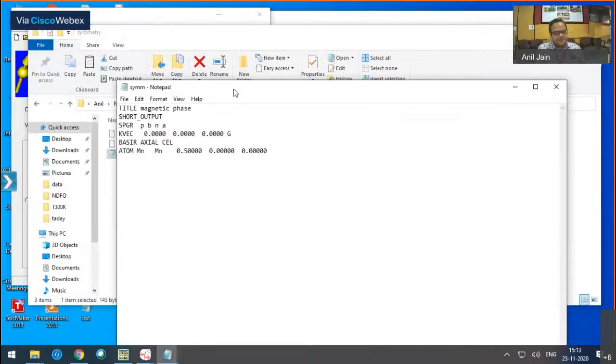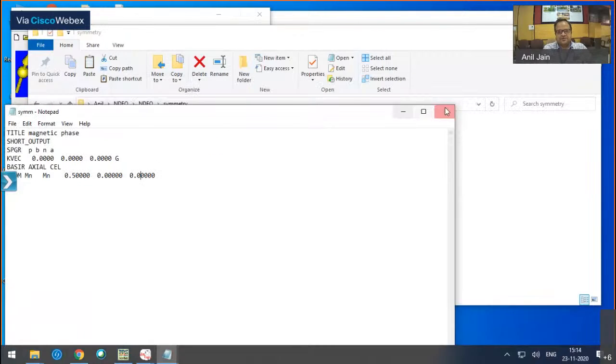So if you want to run BasIreps by this GUI interface, you can run that also. So this file first is the title, short output I have set, I can set long output also. Space group is Pbna, k vector is 0, 0, 0 and this is the gamma point, and this is our atom, axial is the moment and half, 0, 0.